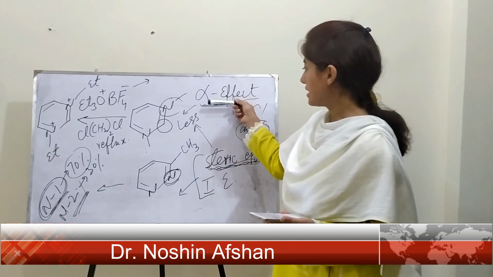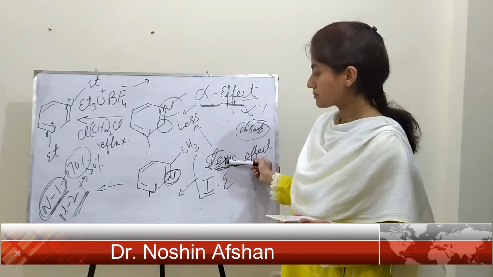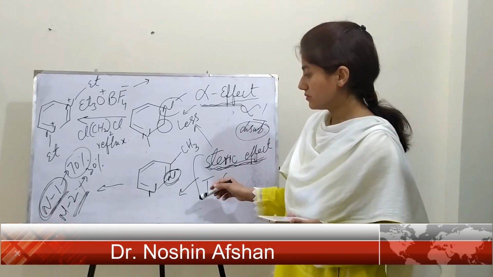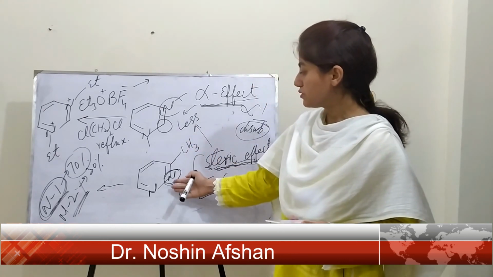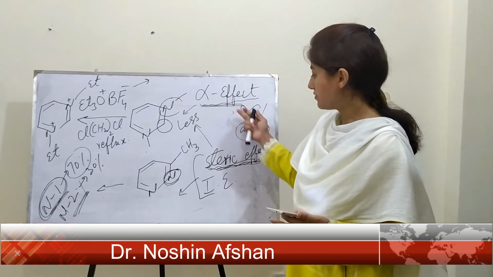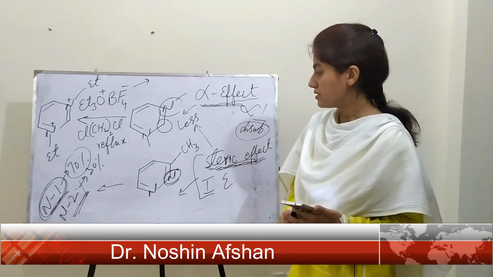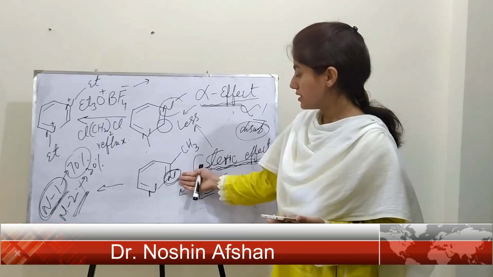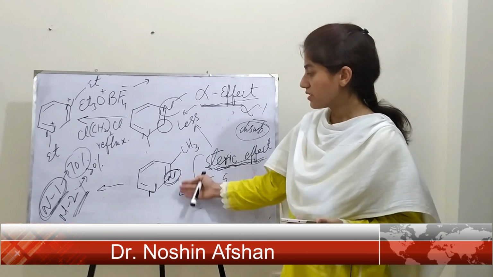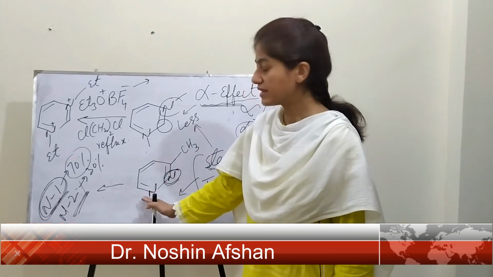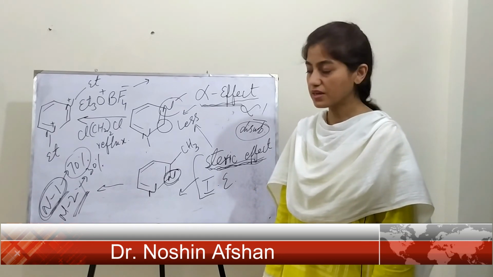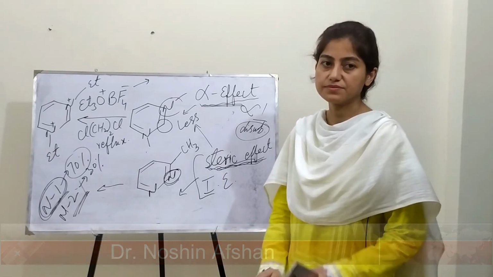Okay, so these alpha effect and steric hindrance dominate to hinder this N2 to get alkylated. That is why only N1 gets alkylated to form monosubstituted product in the case of pyridazine.